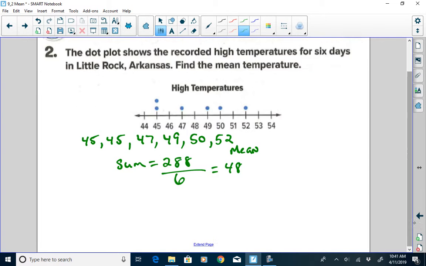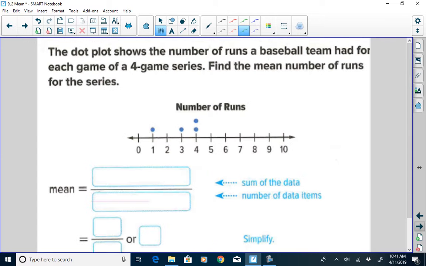Alright, let's take a look at another display of data. We have another dot plot. We're asked to find the mean. This dot plot shows the number of runs a baseball team had for each game of a 4-game series. Find the mean number of runs for the series. We're asked to find the sum of the data. So we have 1 plus 3 is 4, plus 4 is 8, plus 4 is 12.